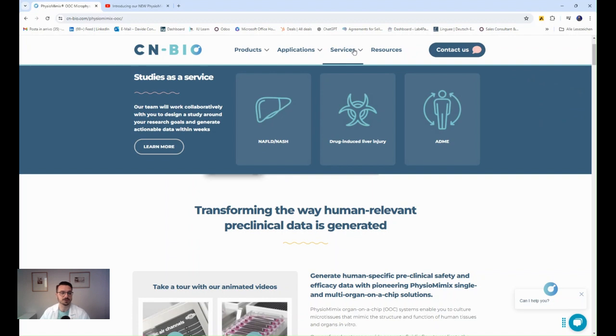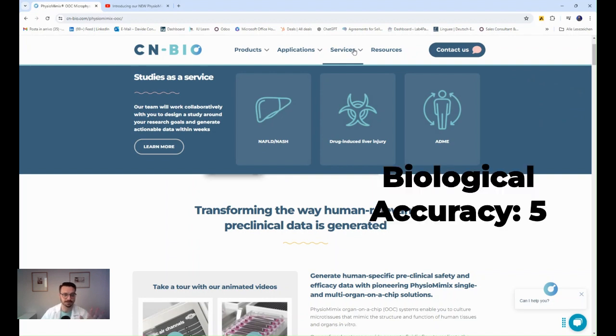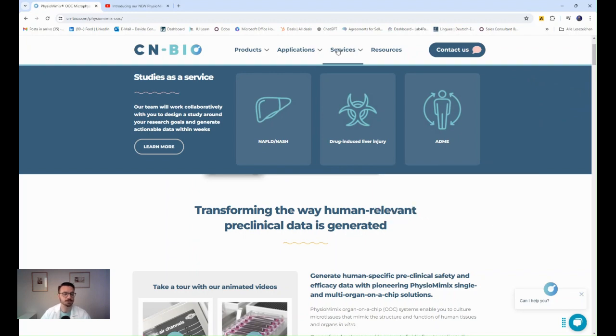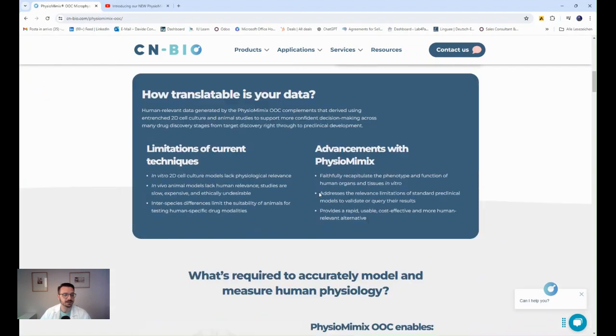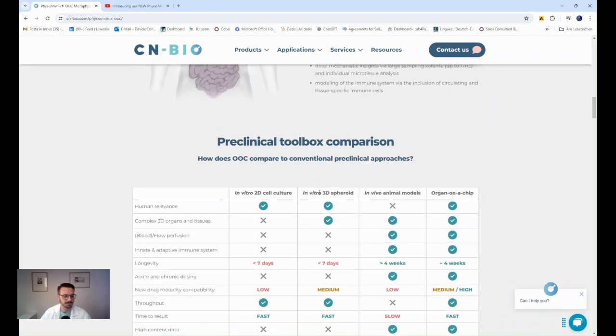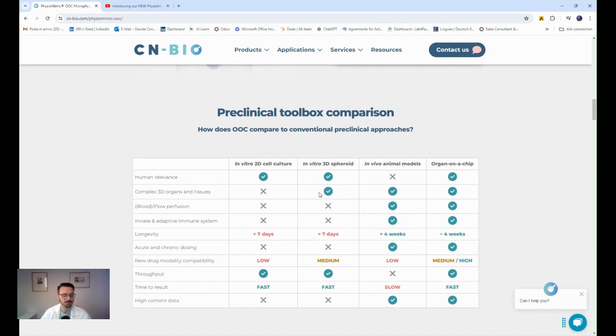So in terms of biological accuracy, they get a good 5 for us. In terms of scalability and throughput, they obviously have this 48-well version. So this is much better than what we have seen before. That was a bit more limited.